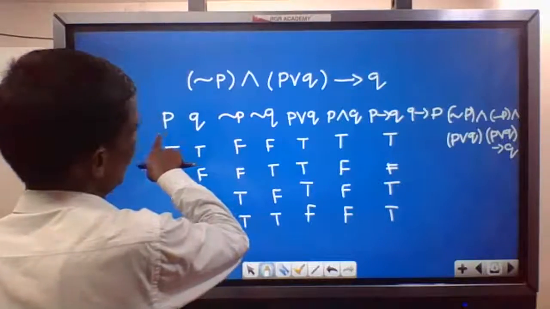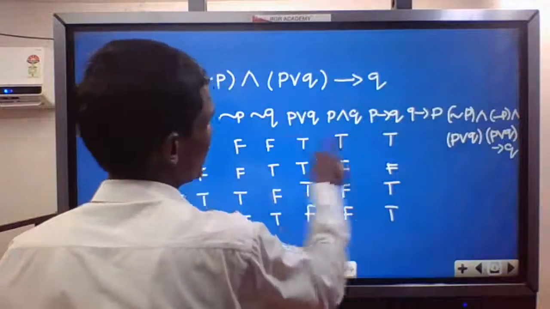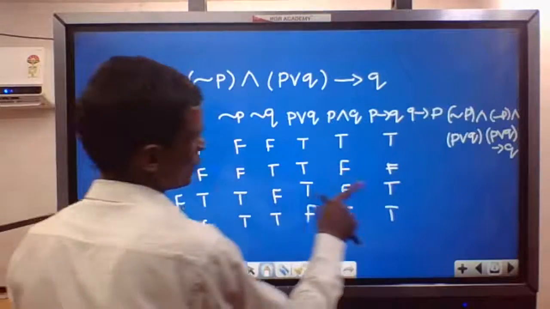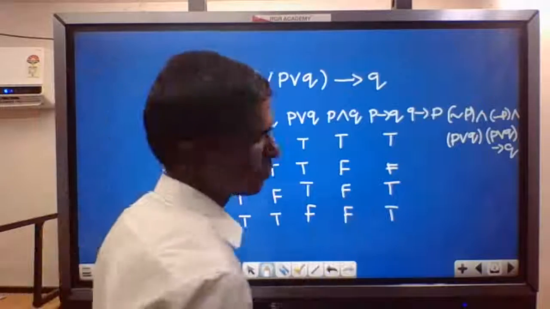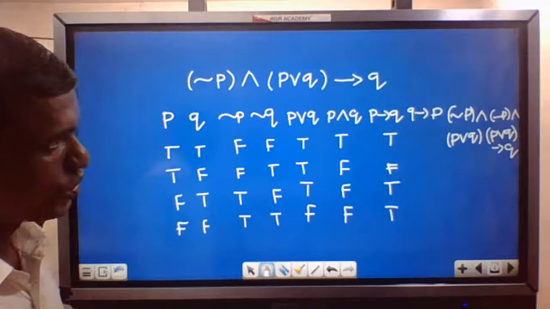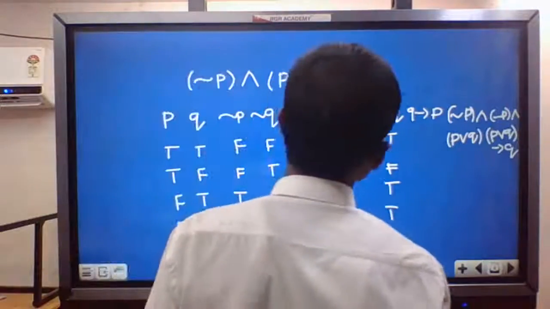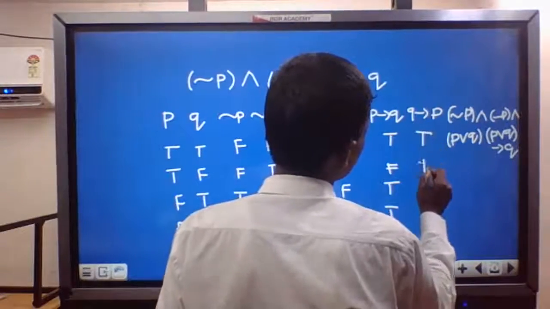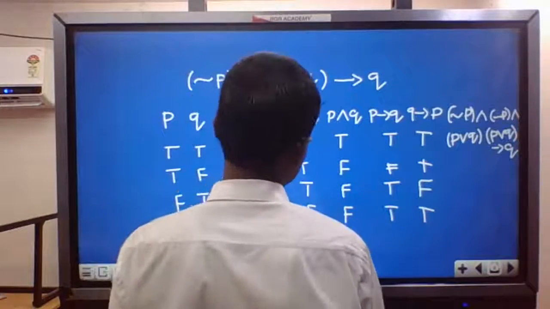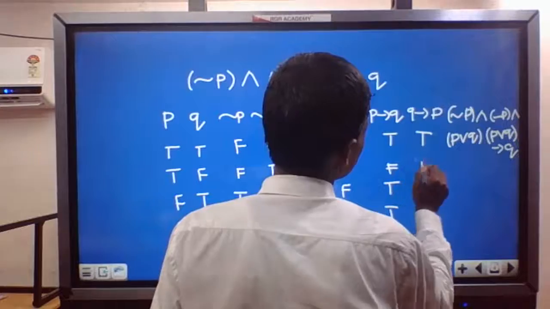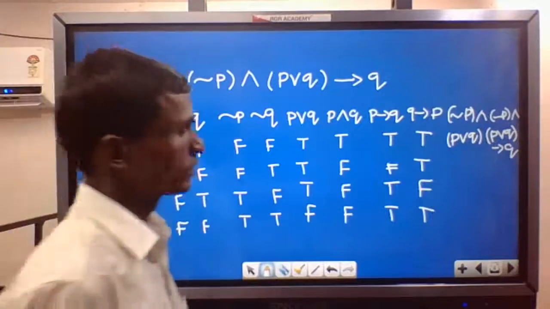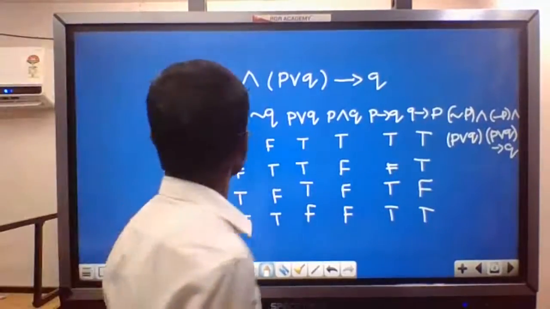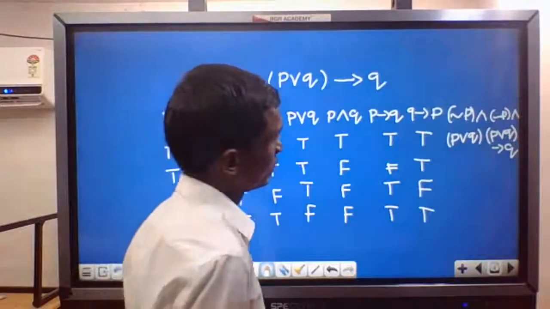We understand P here, Q here: T, true; false, false gives true; both false gives true. The next ones: truth, truth, false, truth, repeated for each column.